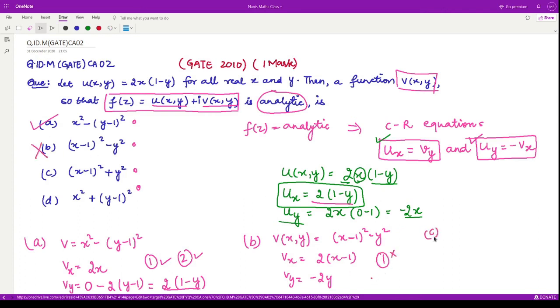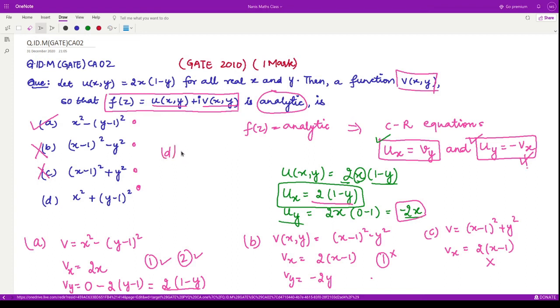Similarly, we'll check the third option. The third option says v is given to be (x minus 1) whole squared plus y squared. Let us calculate v_x. It would be 2 into (x minus 1). Now this v_x is not equal to minus u_y from here. So this condition is also not satisfied, therefore option C is also not correct.